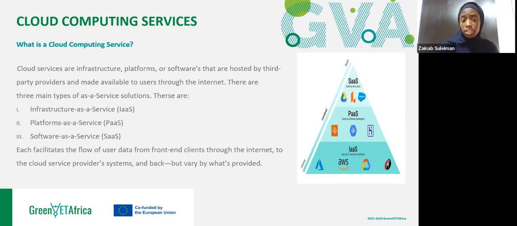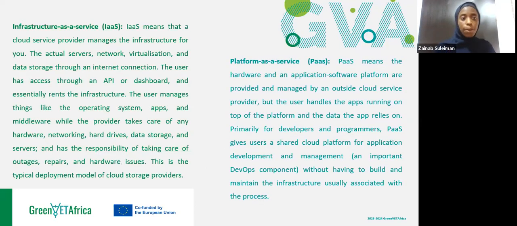It facilitates the flow of user data from front-end clients through the internet to the cloud service provider's system and back, and would vary by what's provided. Infrastructure as a service means that a cloud service provider manages the infrastructure for you: the actual servers, network, virtualization, and data storage, through an internet connection. The user has access through an API or dashboard and essentially rents the infrastructure.